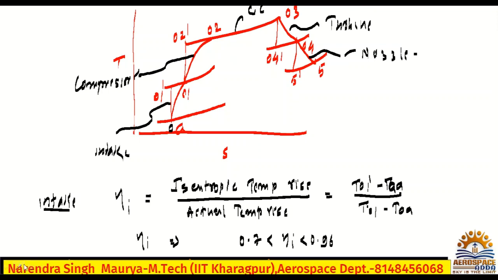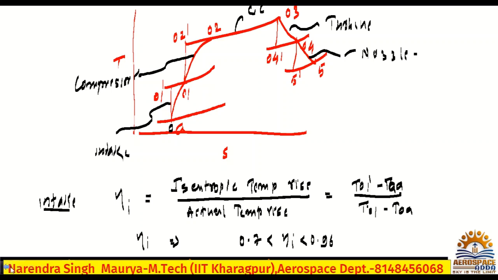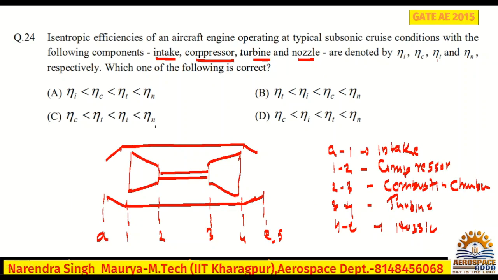Now compare this value, so we got 96. Compressor is less, turbine is less, so 96 will go to intake, which is option 2. This is the intake.